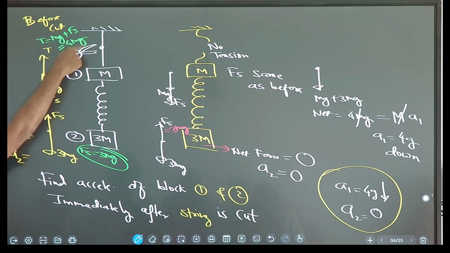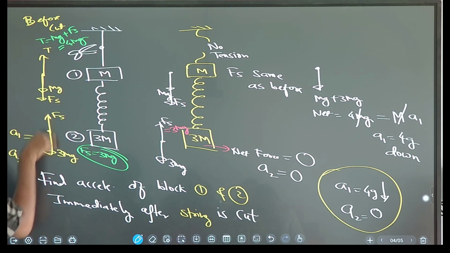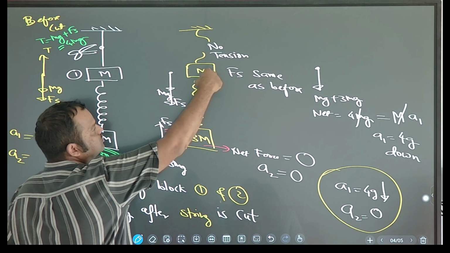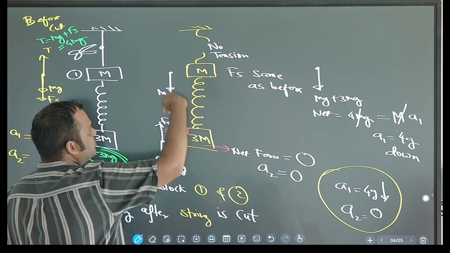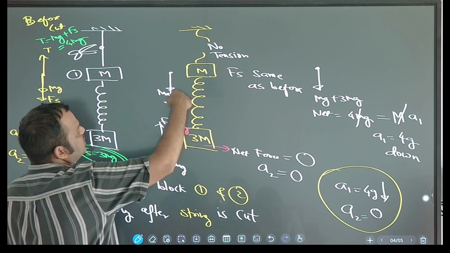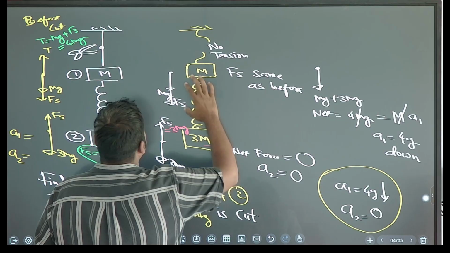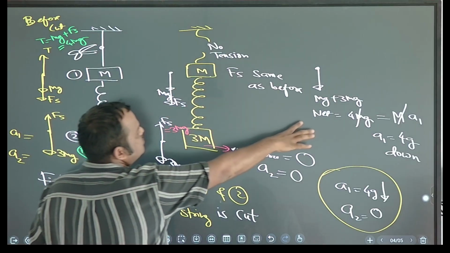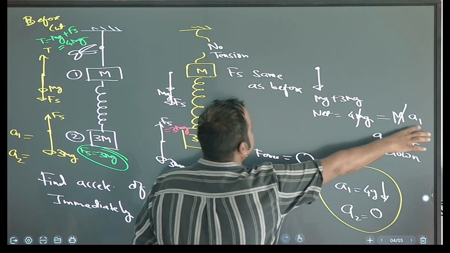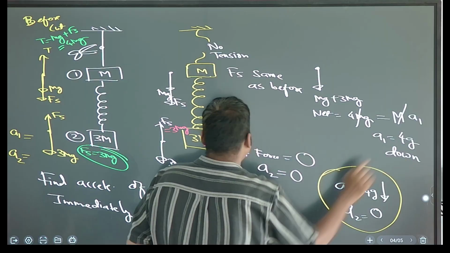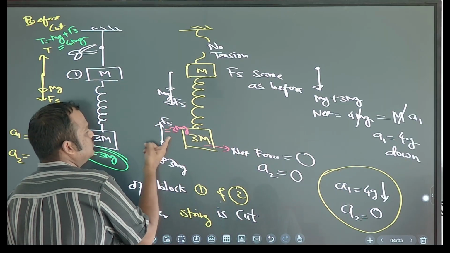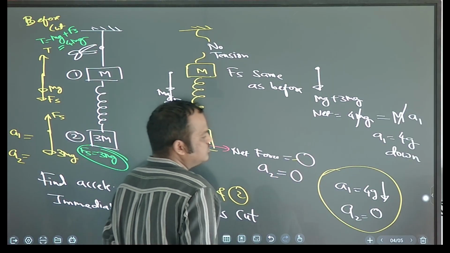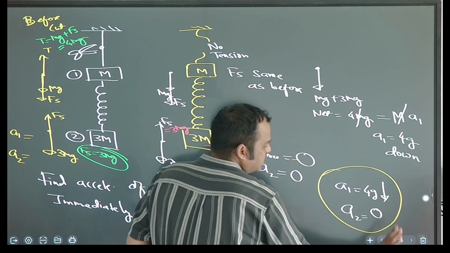Okay, clear? 4 mg, Fs 3 mg, correct? After the cut, no tension, mg plus 3 mg is 4 mg, so 4 mg is equal to ma. A is 4g down. For this, 3 mg up, 3 mg down. What is the net force? 0. So acceleration 0. Okay, understood?